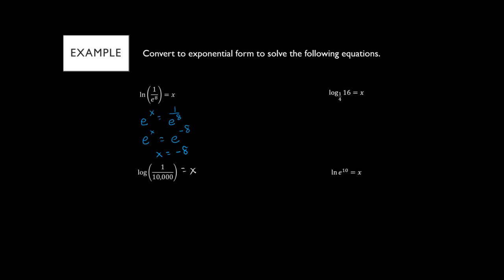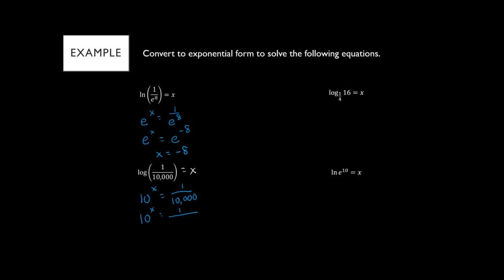So log, again, no number as a subscript, so that's going to be assumed to be base 10. So we're saying 10 to what power gives us 1 over 10,000. Now we actually saw this on a previous problem when we were rewriting. So we've got 10 to the x equals.